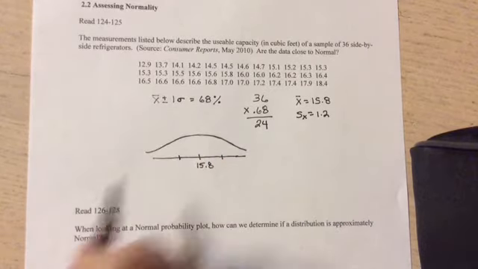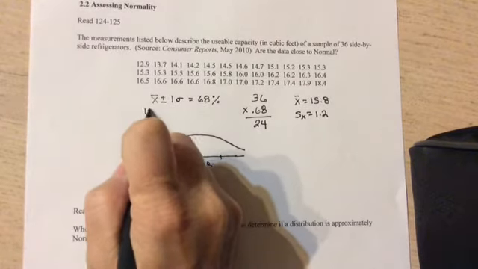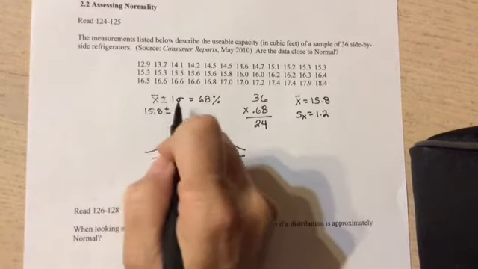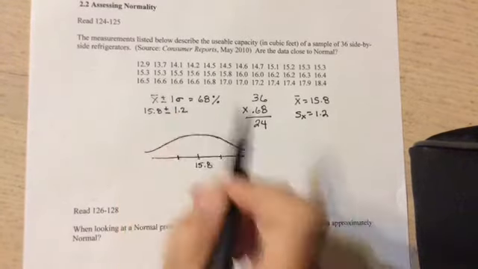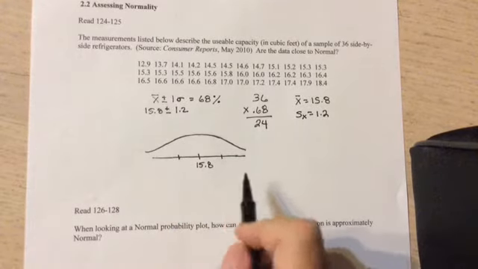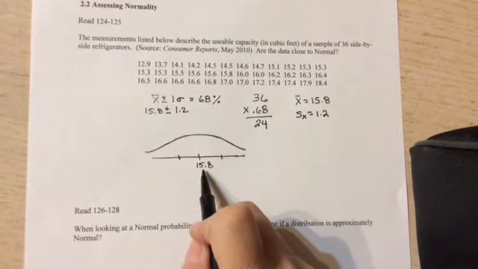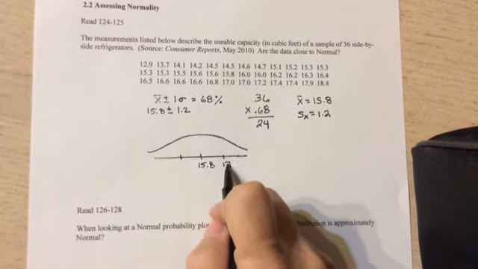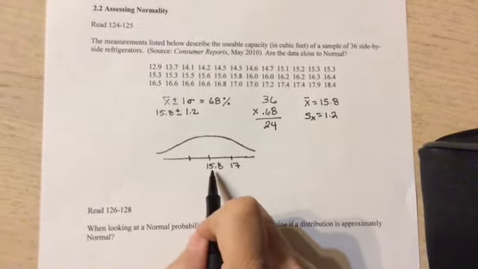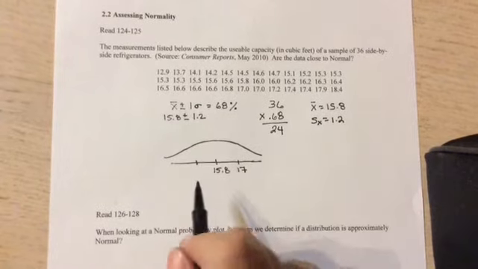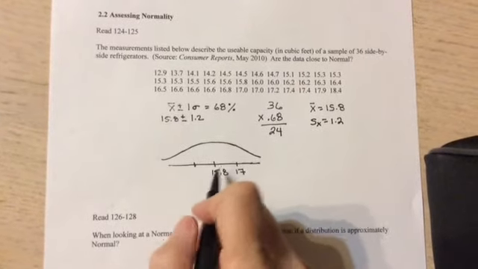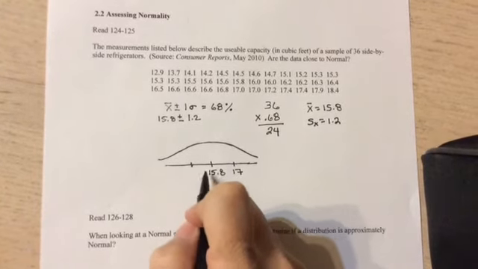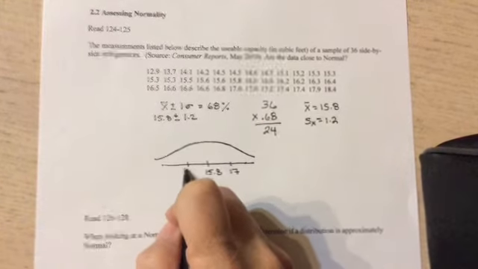And then we would add and subtract. First add, then subtract 1.2 to get these next values. So 15.8 plus 1.2 is 17. And 15.8 minus 1.2 is 14.6.